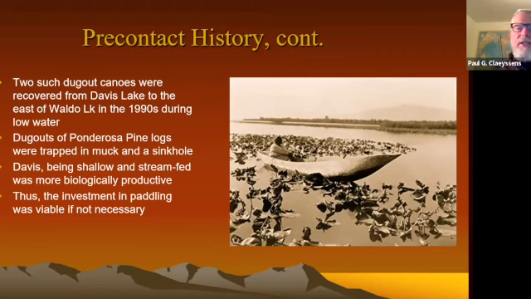So back to canoes and paddling. One really interesting side note with regards to dugout canoes is on the Deschutes side, where the divide of the Cascades separates the Deschutes National Forest from the Willamette. So Waldo's on the Willamette. Davis Lake, just a little bit east, is on the Deschutes.